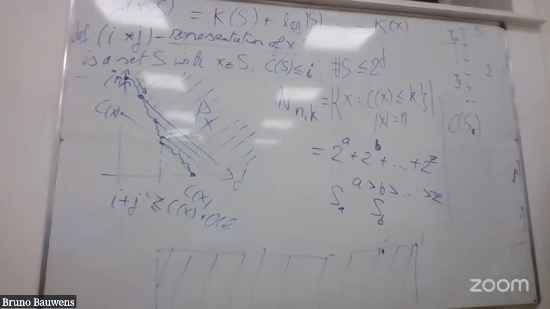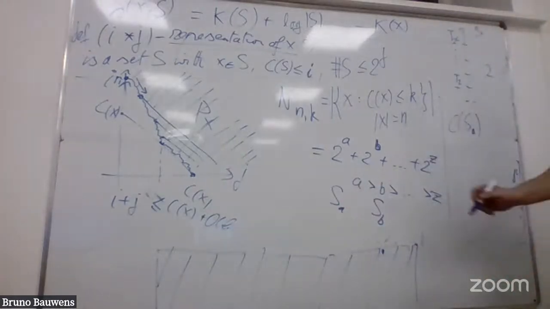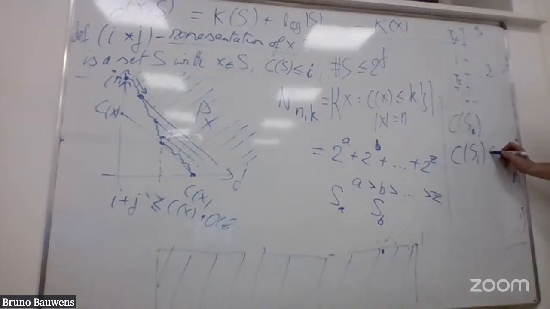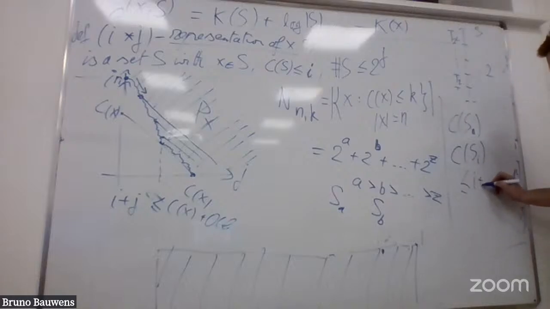And this is similar for S_i. So the complexity of S_i is smaller than i plus O(1). Well, you need to know n and k as well. So it is smaller than i plus O(log n), the complexity to store k and n.